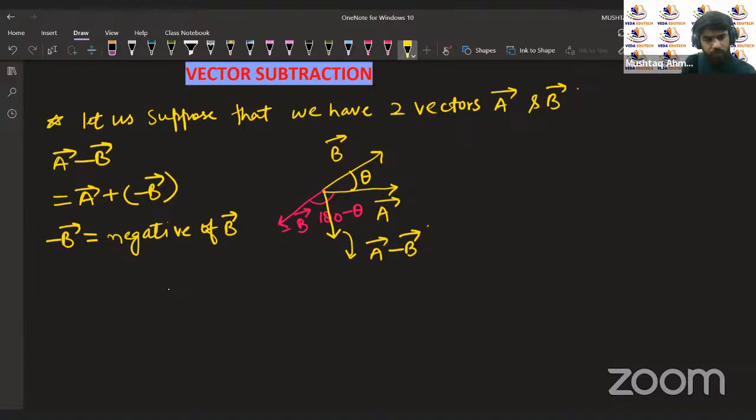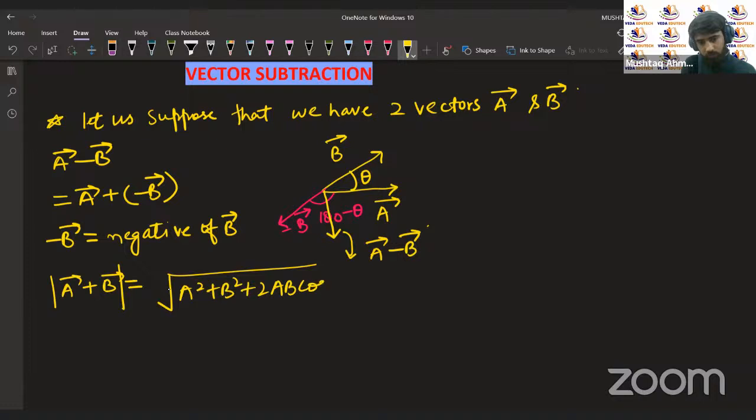So we'll be using the same equation, that the mod of A vector plus B vector is under root of A square plus B square plus 2AB cos theta. But here what we are doing is that we are adding the A vector and negative B vector and finding the modulus of this vector.